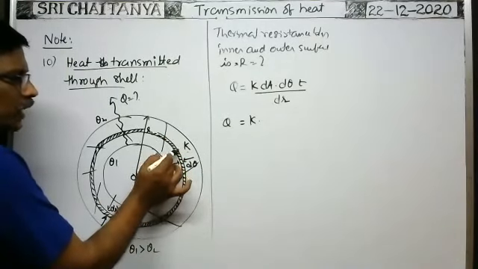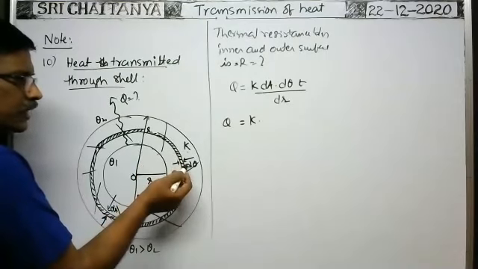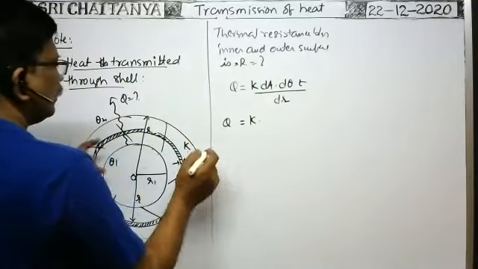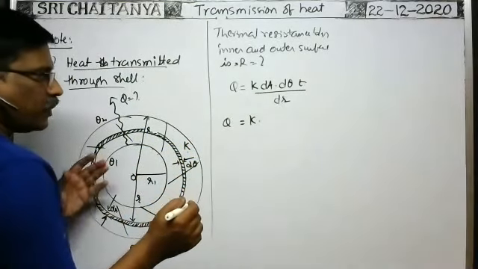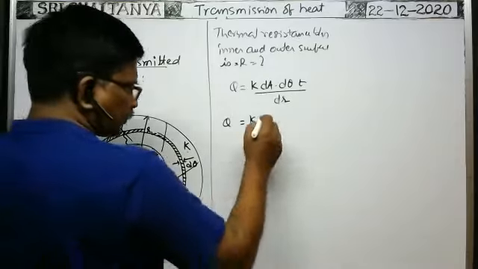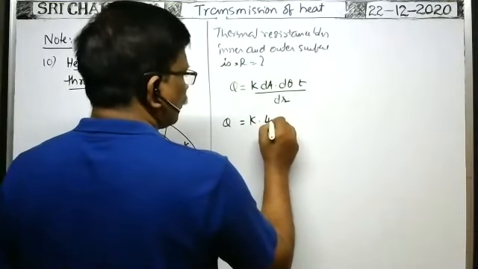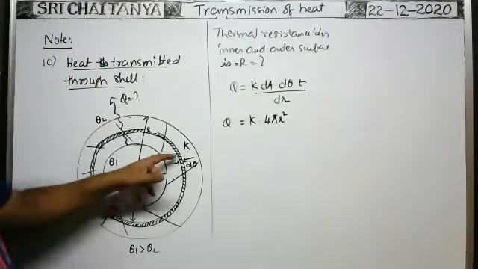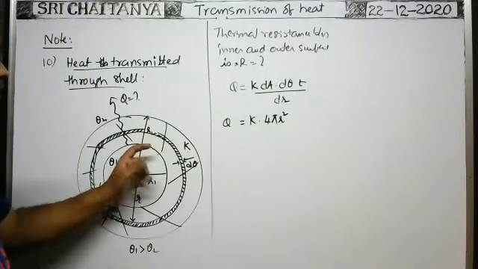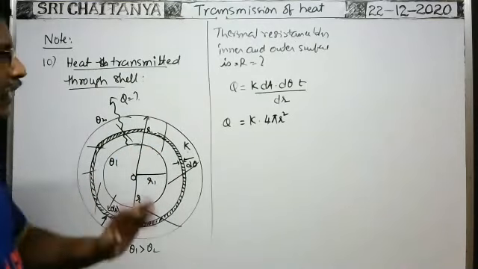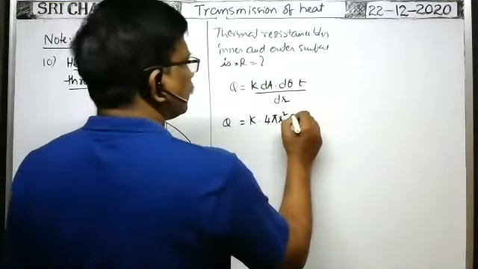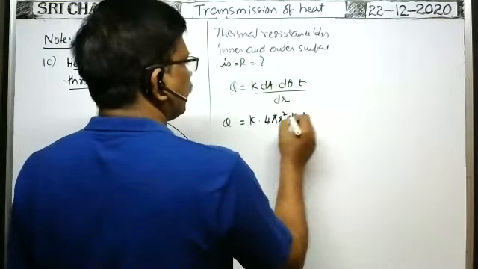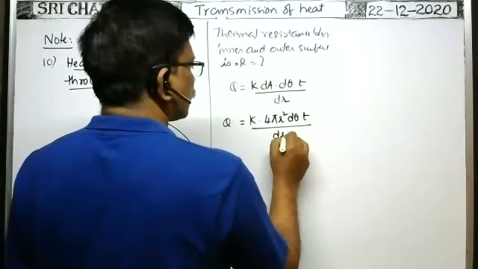As the thickness is very small, the inner radius and outer radius are both the same. The element is just like a spherical shell of very small thickness dr, hence its surface area is 4 pi small r square. Through this surface area the heat transmission takes place. The temperature difference is d theta, divided by dr.